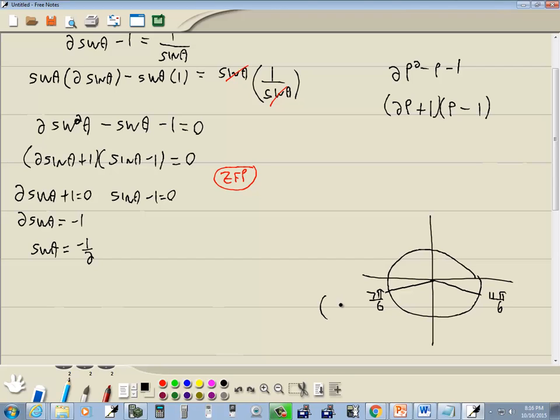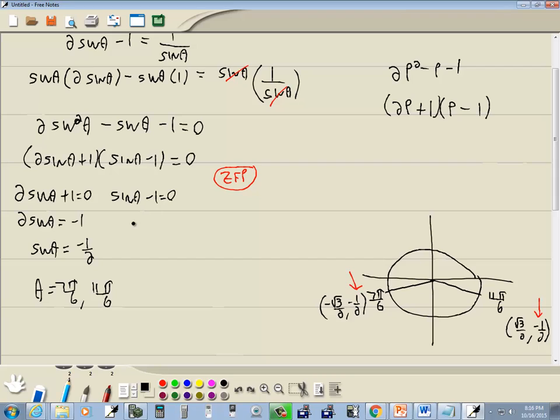This point here is negative square root of 3 over 2 and negative 1/2, and this point over here is positive square root of 3 over 2 and negative 1/2. Now we're looking where sine is equal to a negative 1/2, which is right here and right here. So our two answers from this part are 7 pi over 6 and 11 pi over 6.